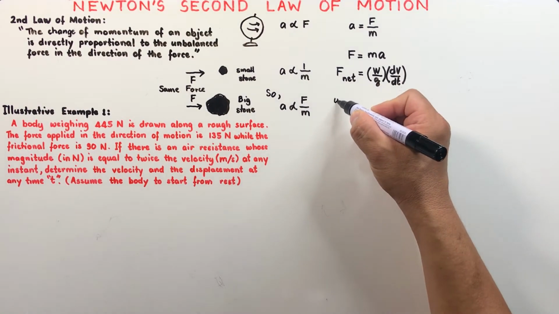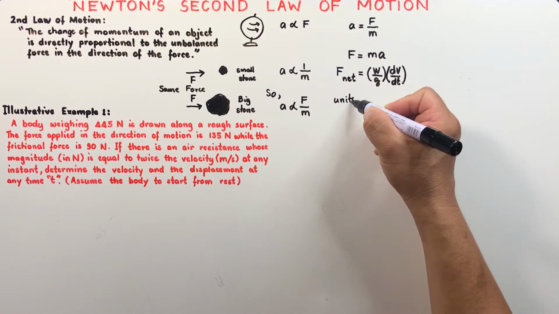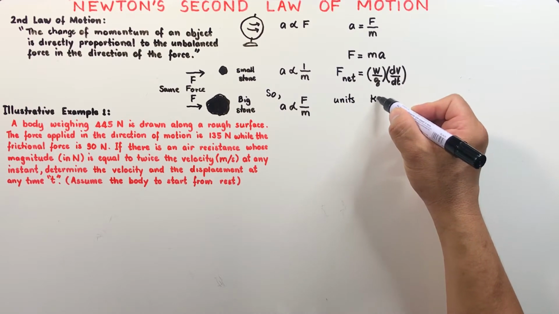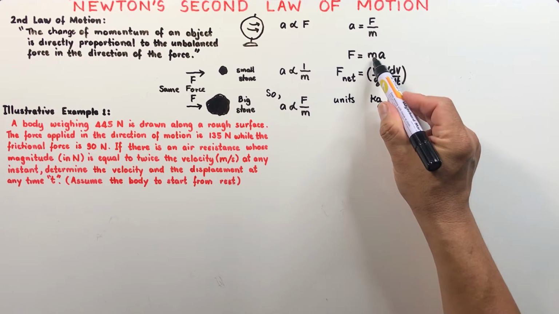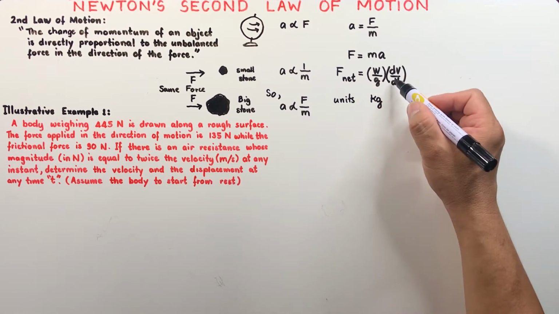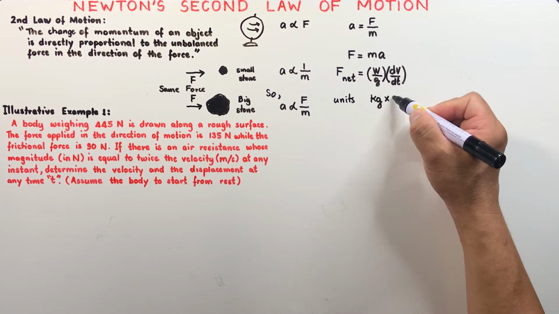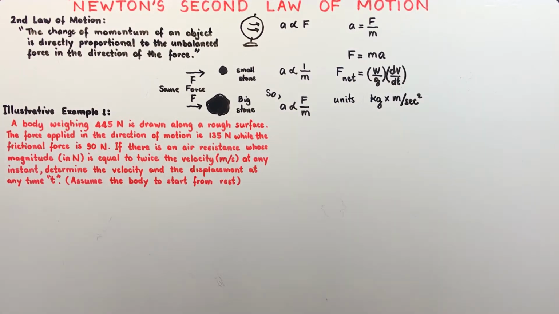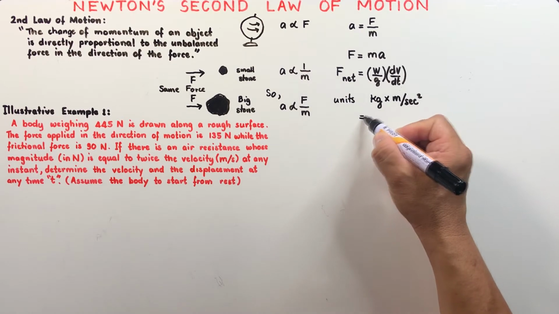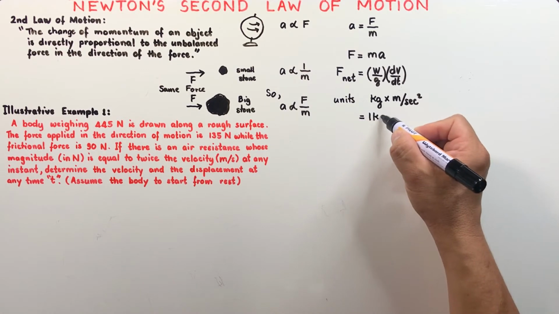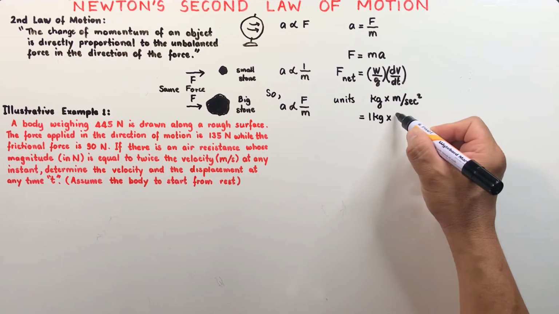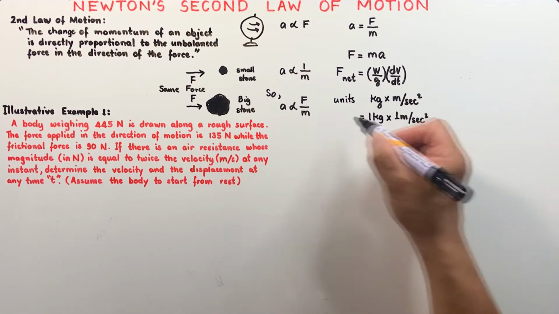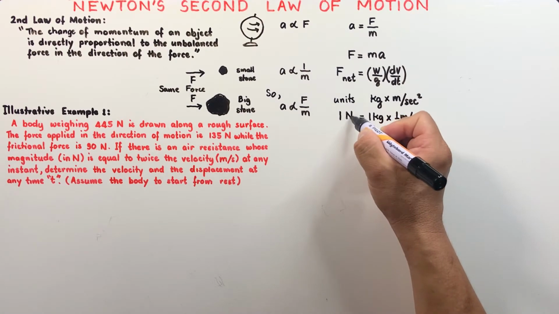So this is the amount of the net force applied. Now take note that the units of measurement for this net force are the kilogram, which is the unit of mass, and meters per second squared, the unit of acceleration. In other words, 1 kilogram times 1 meter per second squared is equivalent to 1 Newton.